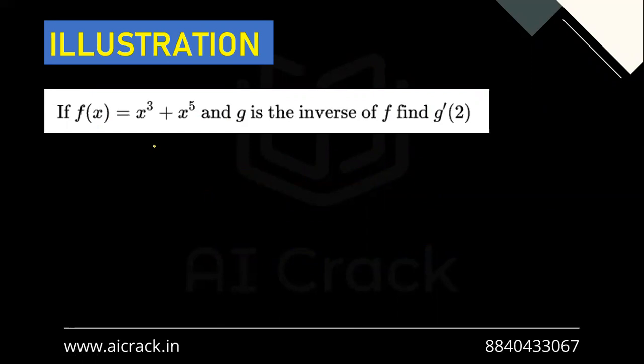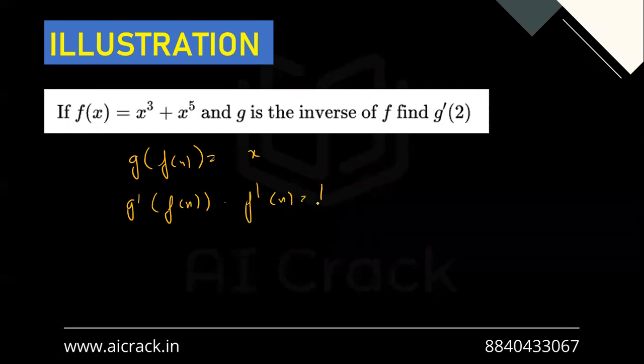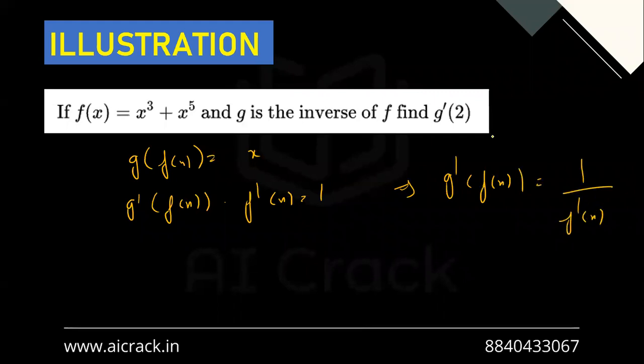Let's see how we do it. So we'll write once again g of f(x) equals to x, and g dash of f(x) dot f dash x would be 1. So basically g dash f(x) equals to 1 upon f dash x. Now we have to find g dash 2. So basically we have to put 2 over here.